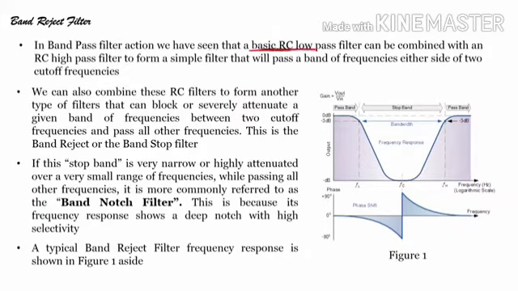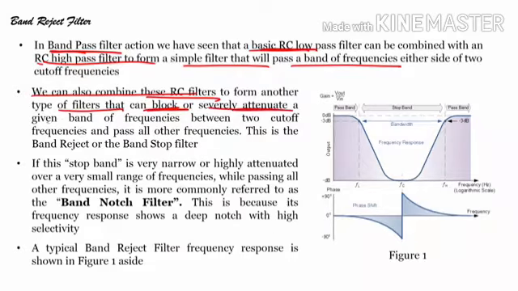We have seen the basic RC low pass filter combined with an RC high pass filter to form a simple filter that will pass the band of frequencies between two cutoff frequencies. But we can also combine these RC filters to form another type of filter that can block or severely attenuate a given band of frequencies between two cutoff frequencies, and this is called your band reject or band stop.